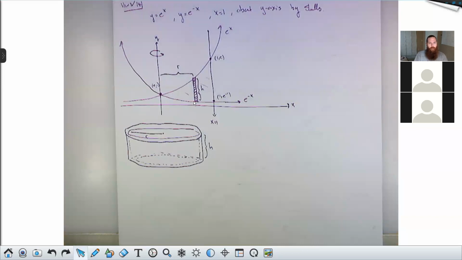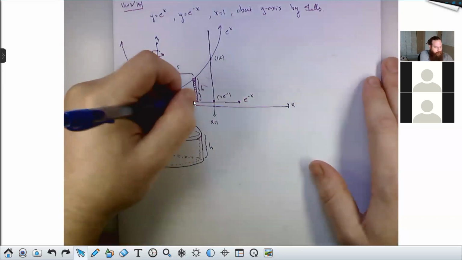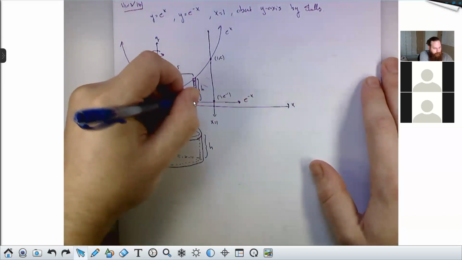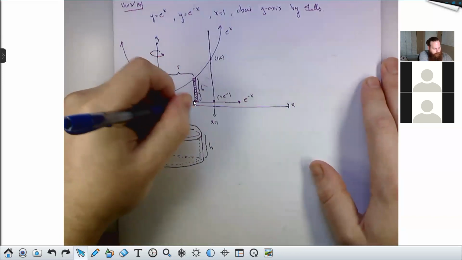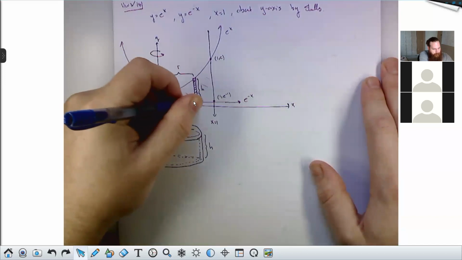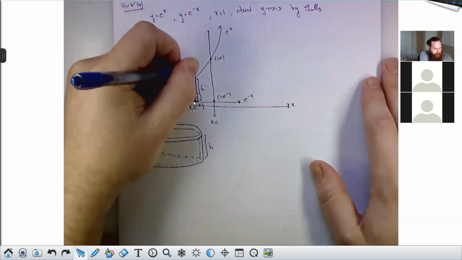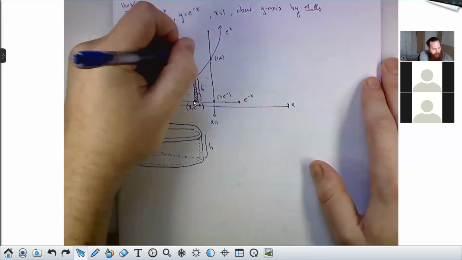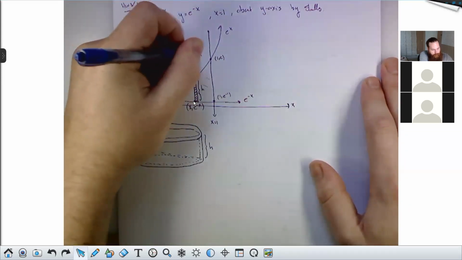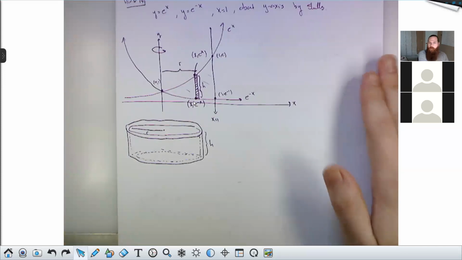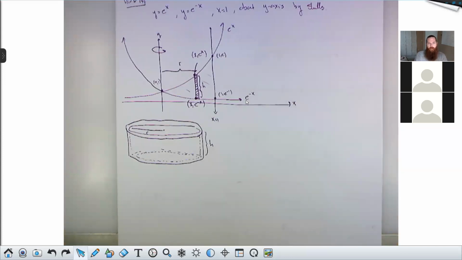And to do that, usually we talk about characterizing these points that are on the curve at the strip here. So this point right here would be x, e to the negative x. And this point right up here would be x comma e to the x. Because they're like generic points on the graph of e to the negative x and e to the x respectively.